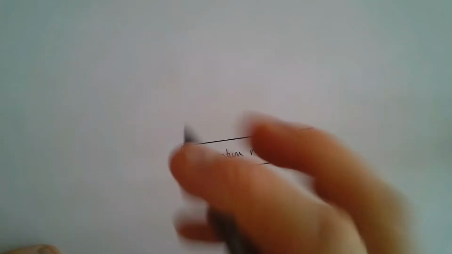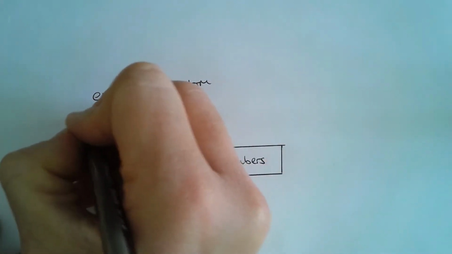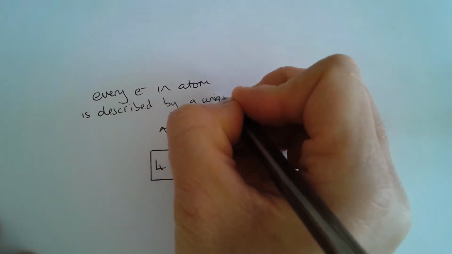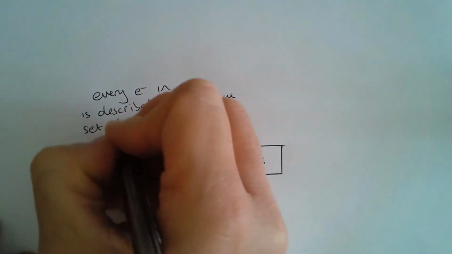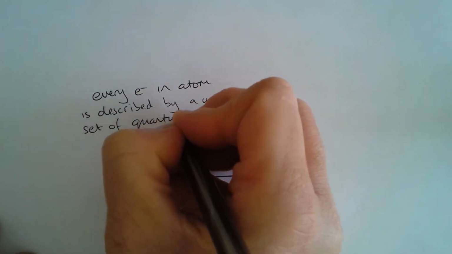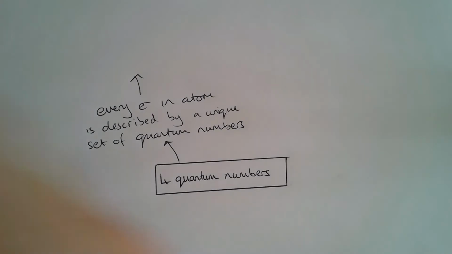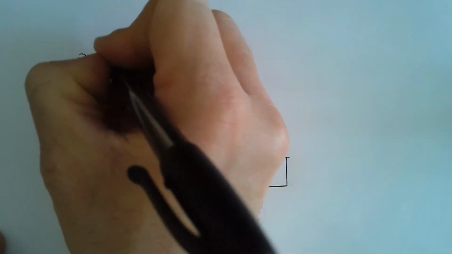So the thing that we need to know about our 4 quantum numbers is that every electron in an atom is described by a unique set of quantum numbers. And that links into what we've already learned, which is the Pauli exclusion principle.